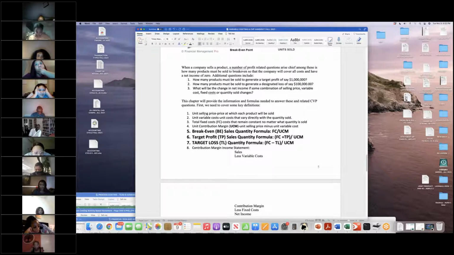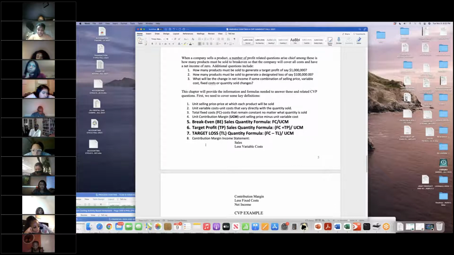Okay. So we're on a unit basis for the selling price. We're on a unit basis for the variable cost. We've got the total fixed cost. And then we're going to calculate that contribution margin to see how many we've got to make and sell to break even, or have a target profit or target loss.